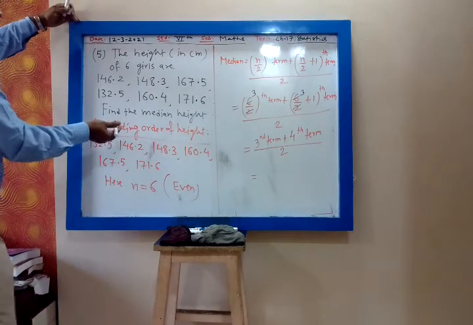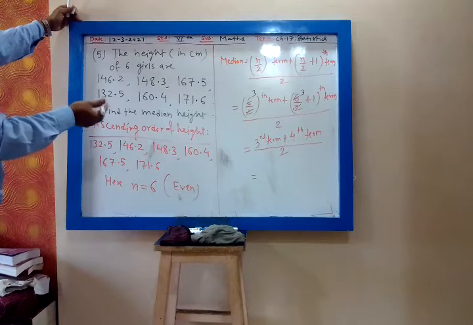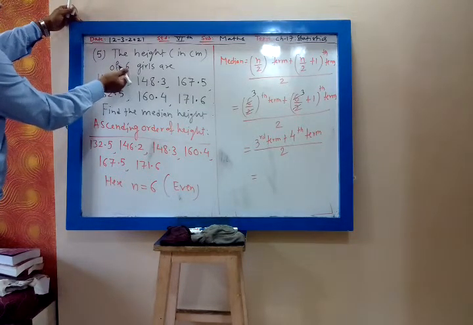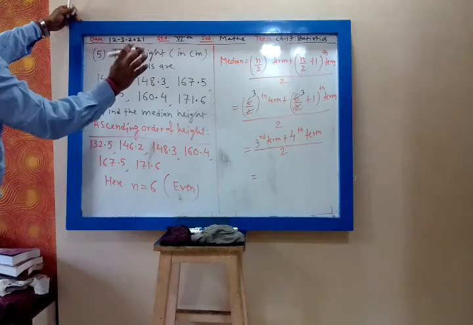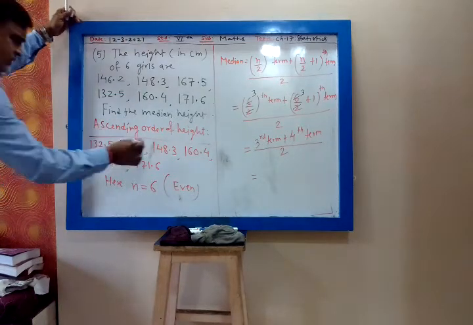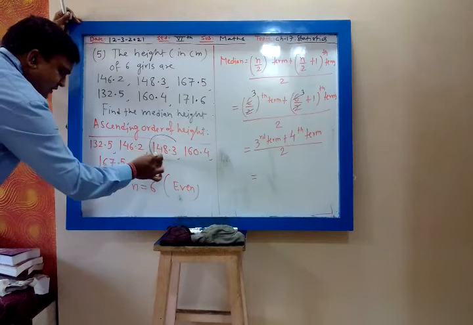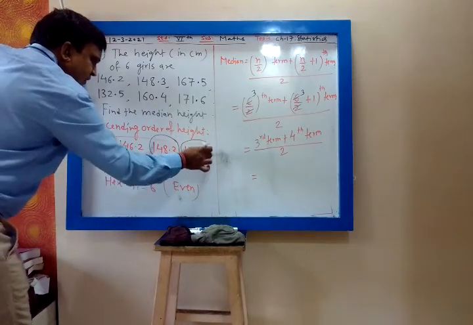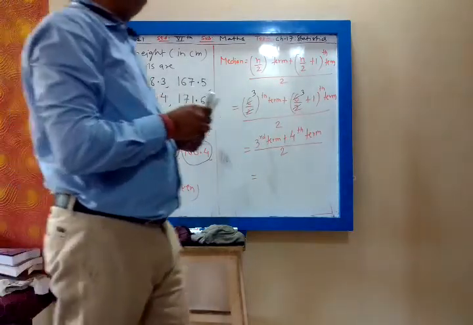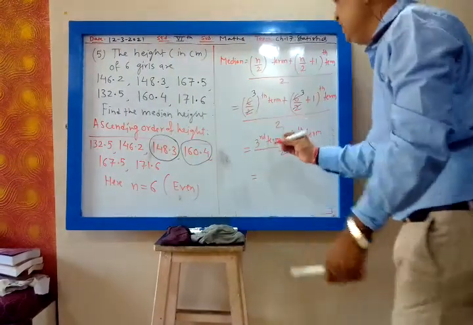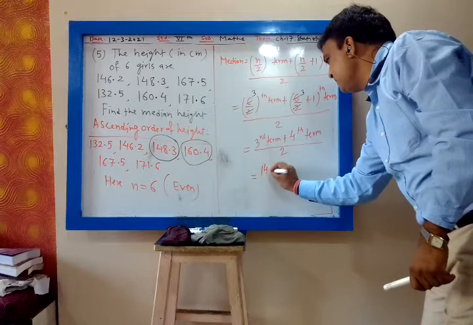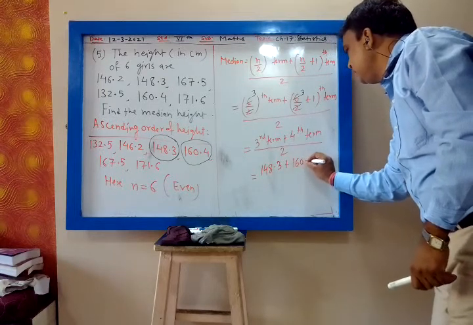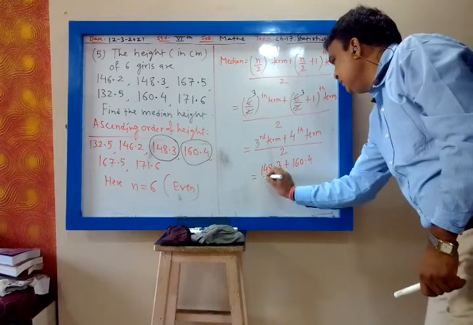You see the ascending order of the data. If you see this data, whole calculation will become wrong. This is my third term and this is my fourth term. Third term is 148.3 plus fourth term is 160.4, whole divided by 2.